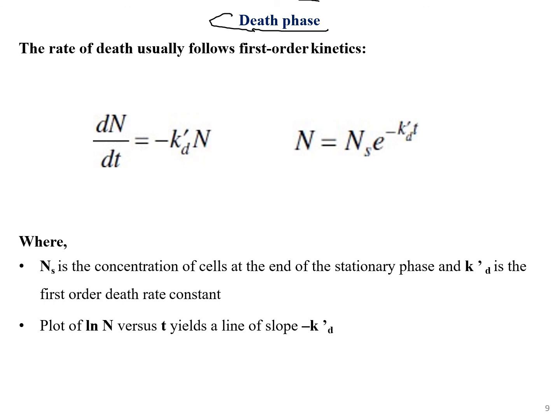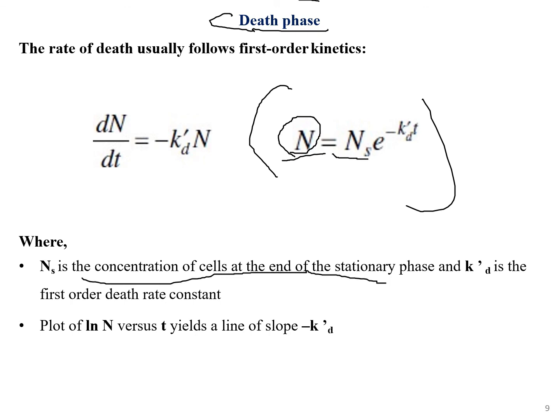Under the death phase, it is given by N equals N_s e to the power of minus k_d' t. In this case we don't use x, because x in every case is the cell mass concentration, and N is the cell number. N_s is the number of cells at the end of the stationary phase, and k_d is the first order death kinetics constant.